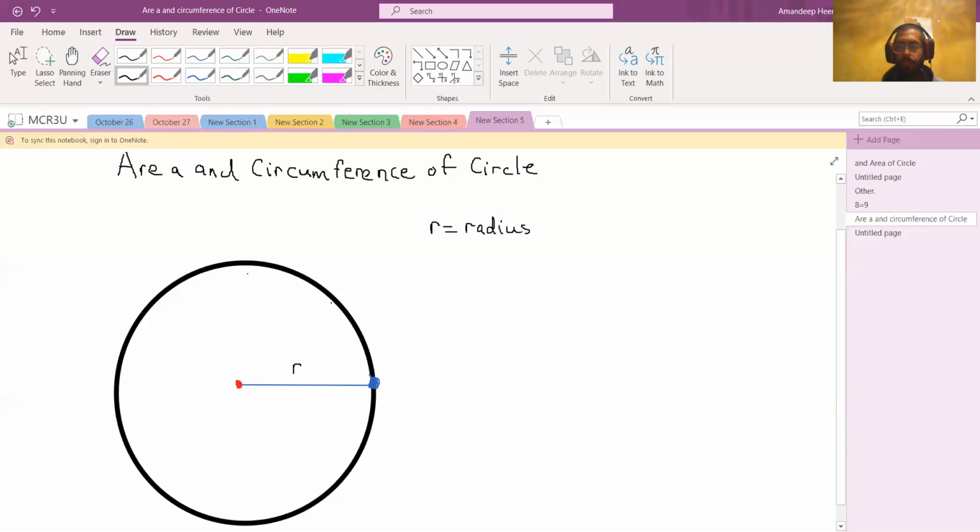So it's the distance from the center of the circle to the edge of the circle.